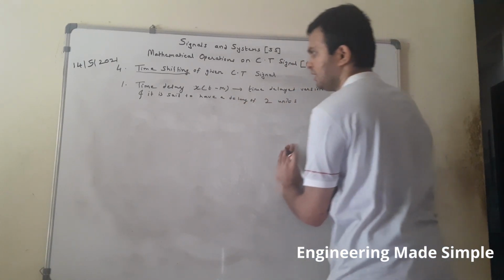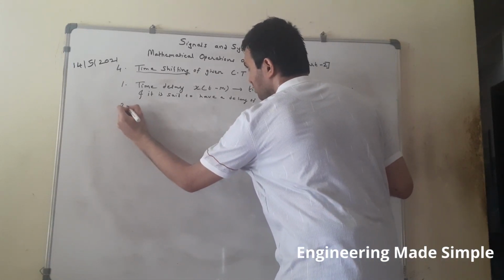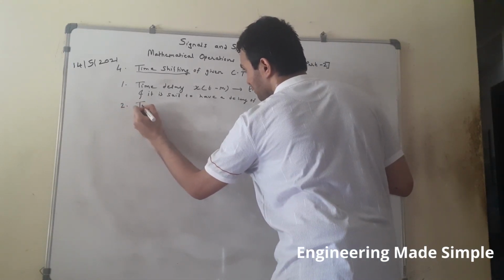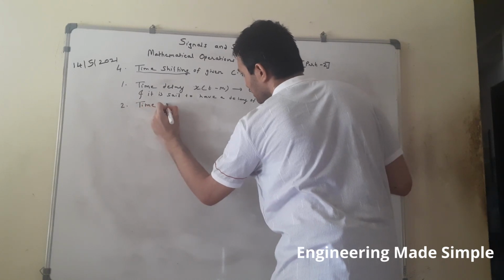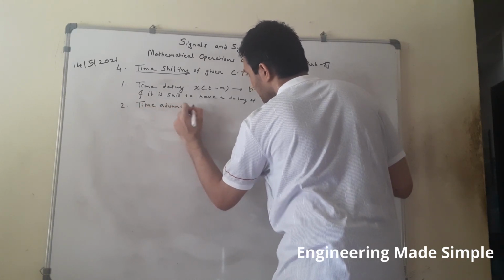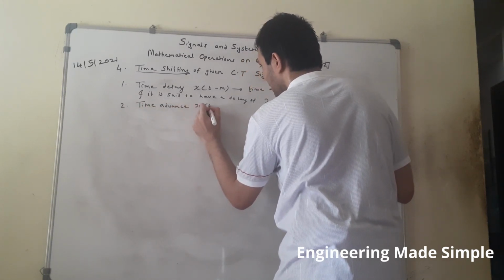Then the second type of time shifting operation that we perform is time advance, and it is denoted by x of t plus m.